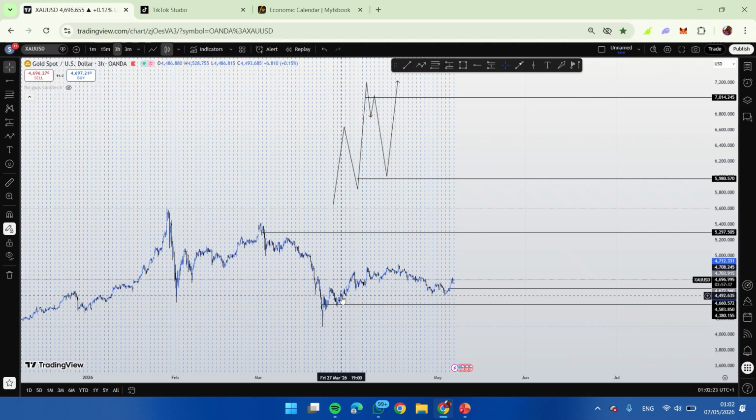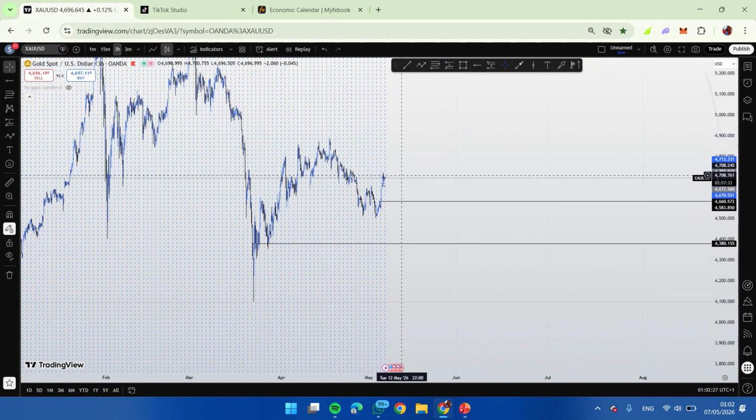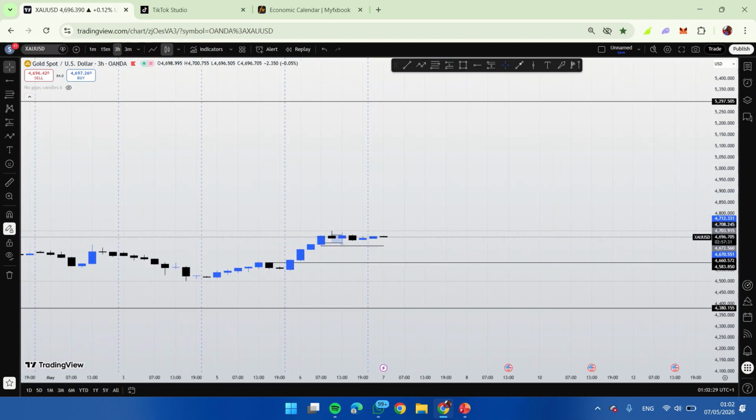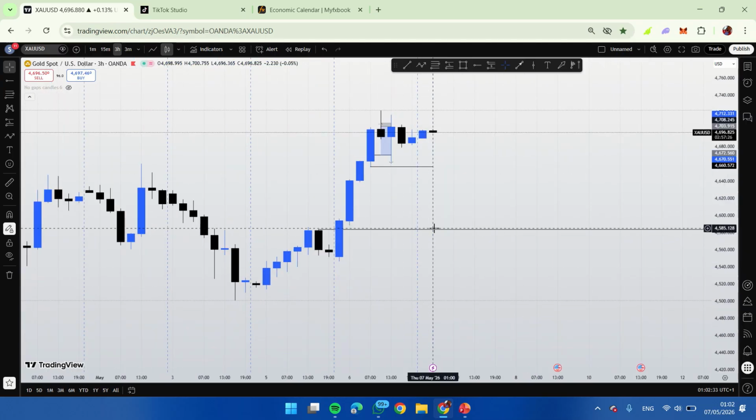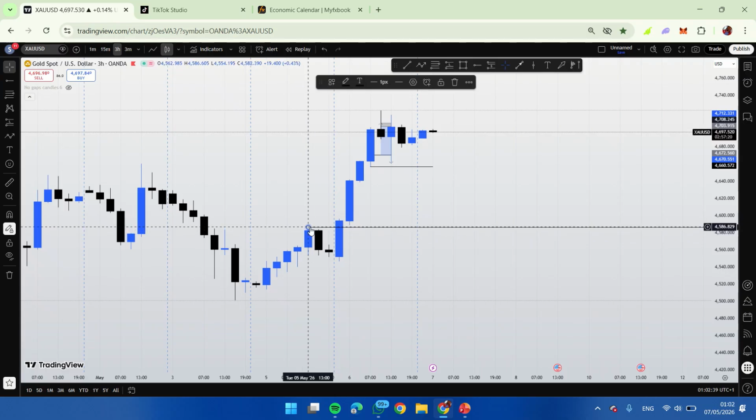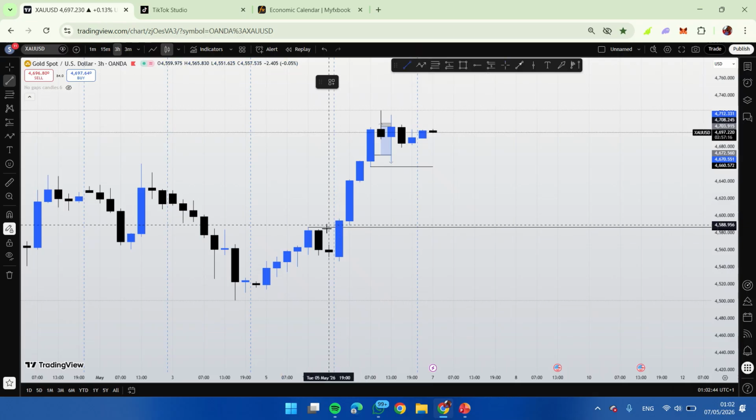Okay, so what happened today? This is my zone. That's printed important candle. I want to make an exception of something so that you understand something regarding candlesticks. This is a bullish candle.